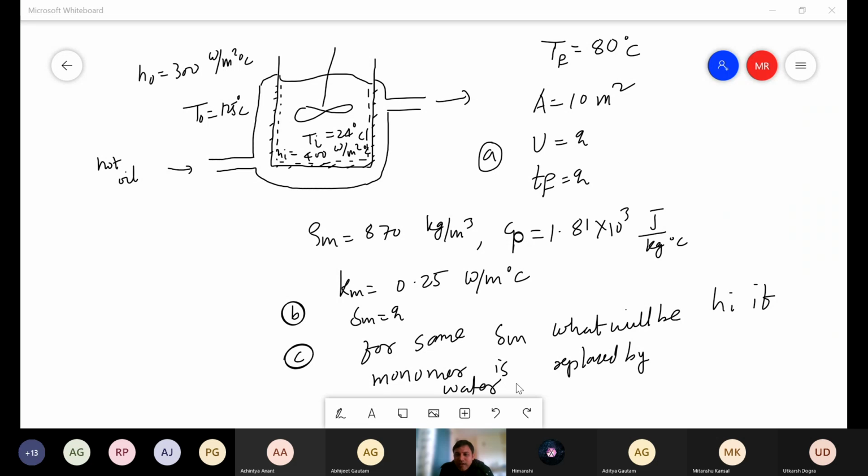Now I am saying that since the metal wall will have a very high thermal conductivity with respect to the hot oil as well as the monomer which is there inside, isn't it? And also the thickness of the metal wall is not very high, isn't it? So we can neglect this resistance. Do you all agree? Yes, sir.